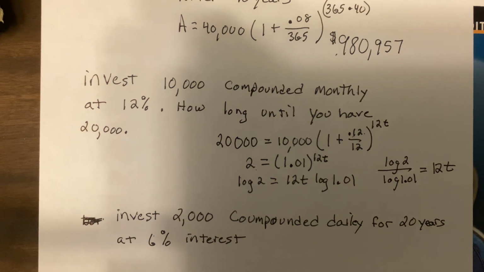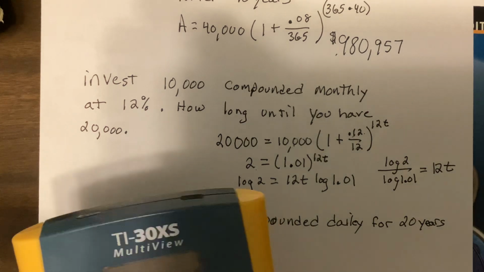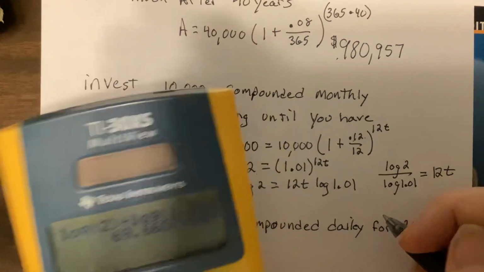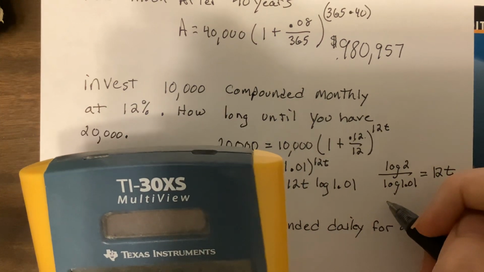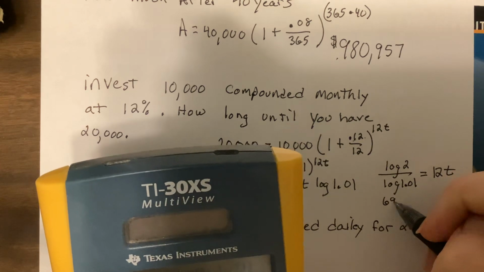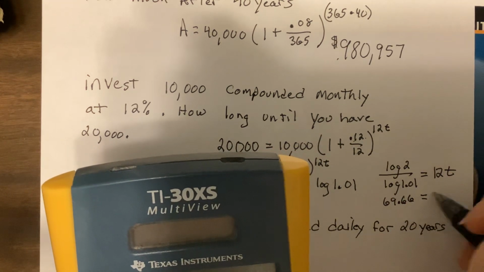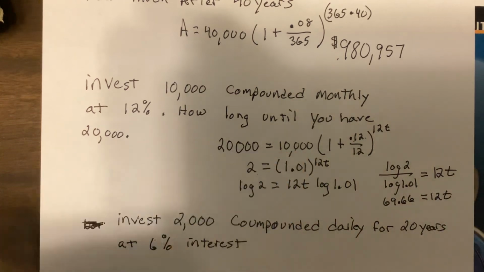Log 2 divided by log 1.01 is 69.66. Then we're going to divide that by 12.